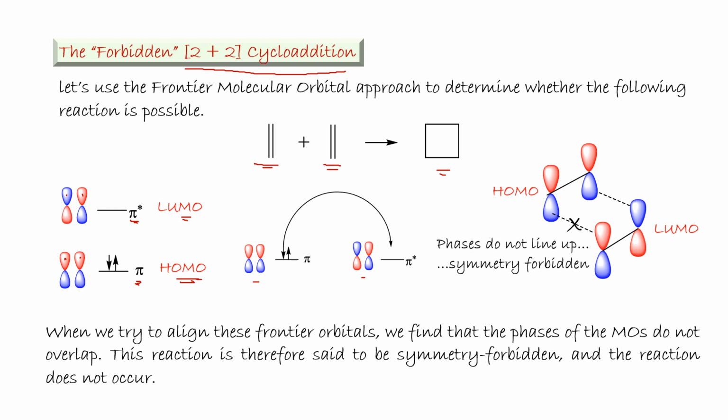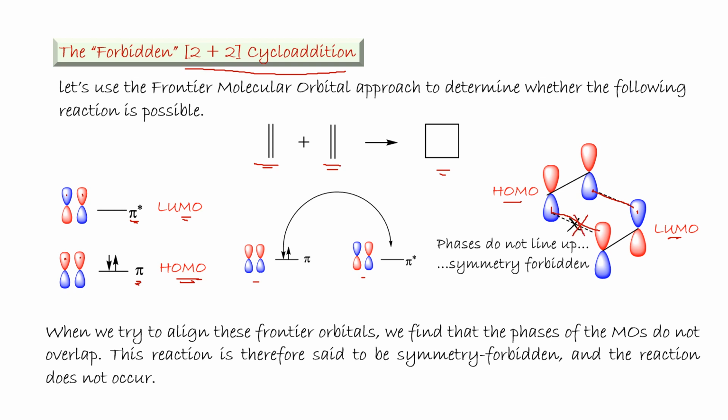So when you approach the HOMO and the LUMO, these faces are the same. Here, blue with blue, allowed, fine, there is an interaction. But in this case, these are 2 different faces, there is no interaction.